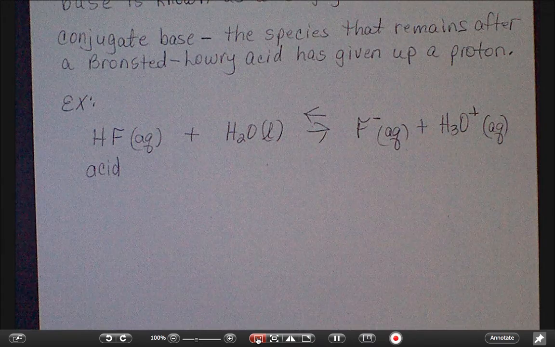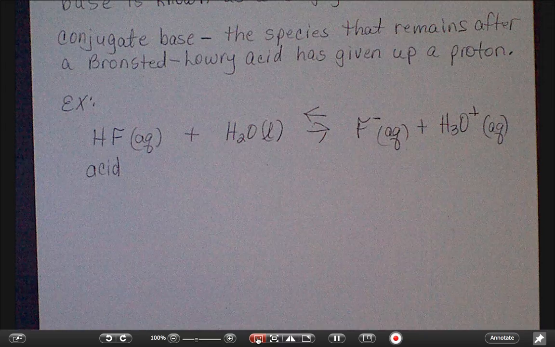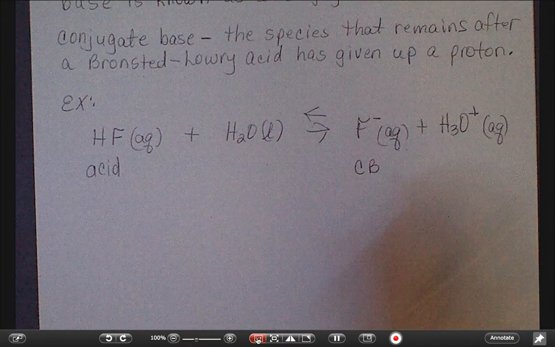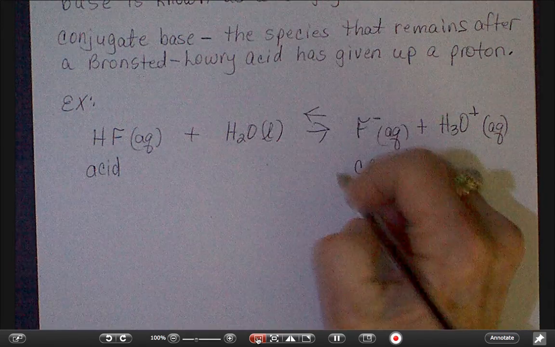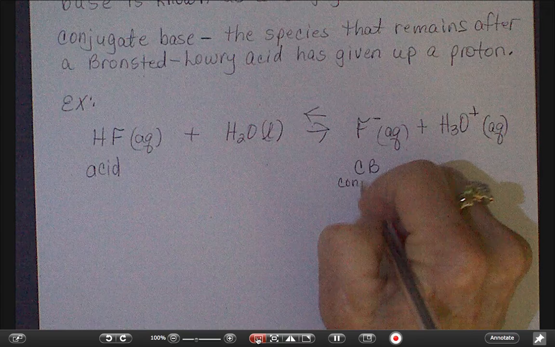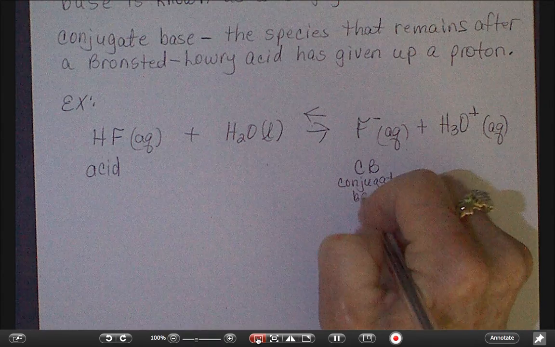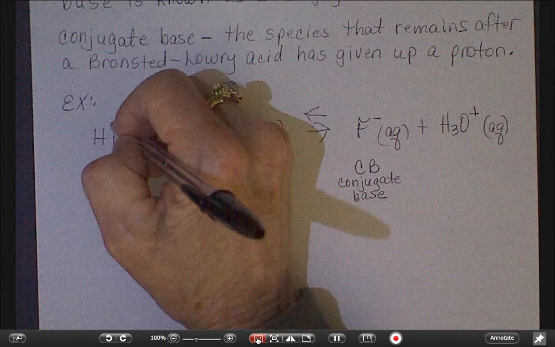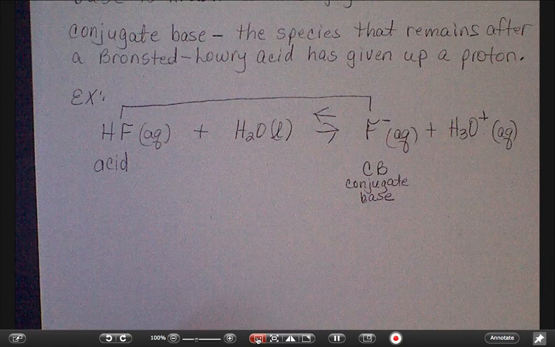So look to the right side. Who is the conjugate base on the right side? F minus. So we're going to call it CB. Is that all right? And if you want to, go ahead and write conjugate until you're familiar with that term. Now then, I like to draw little brackets to hook them together.